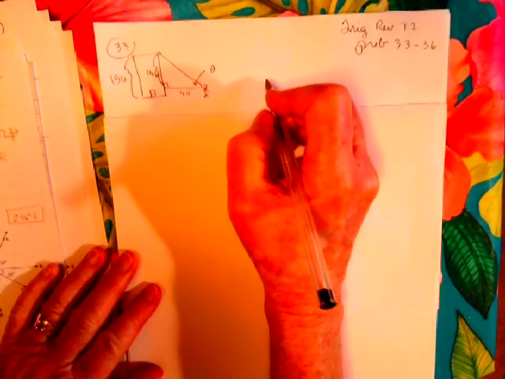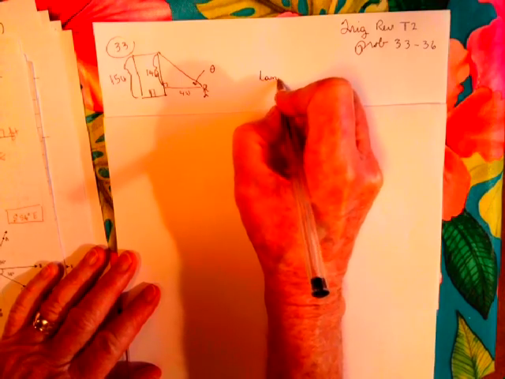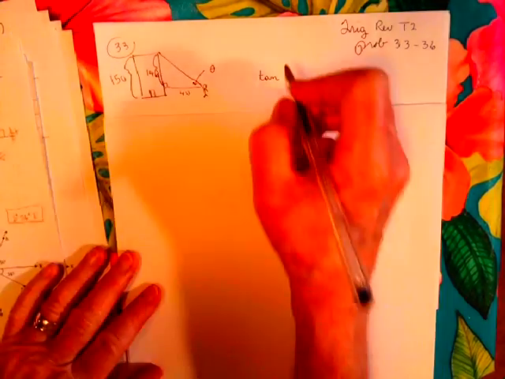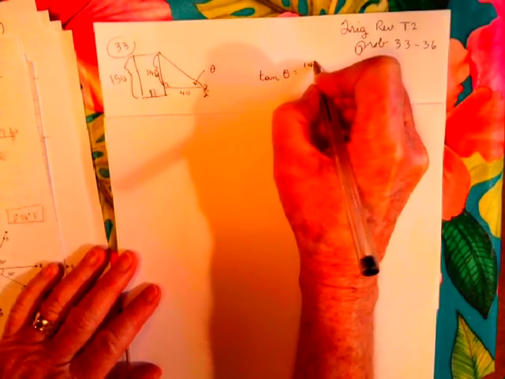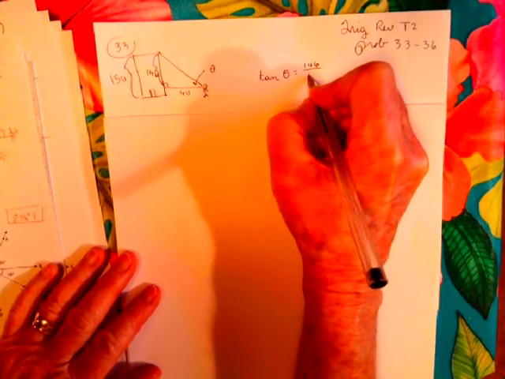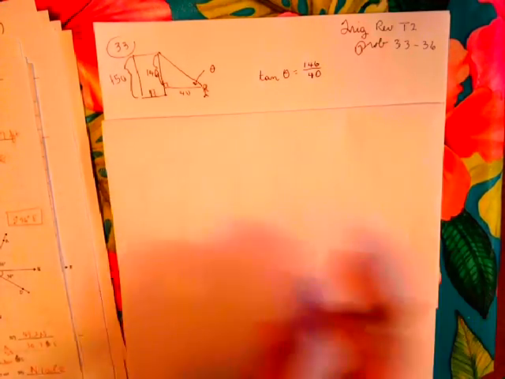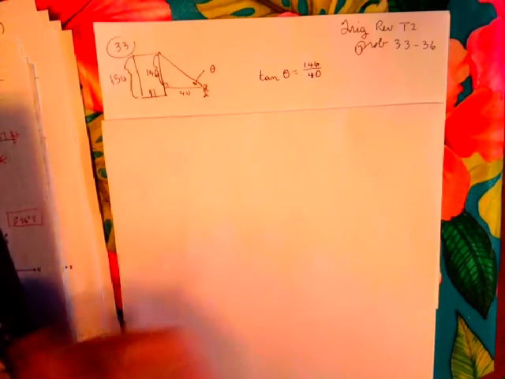We know that tangent function is opposite over adjacent. So tangent of theta equals 146 over 40. What angle has a tangent of 146 over 40?